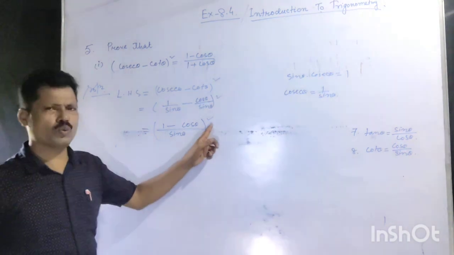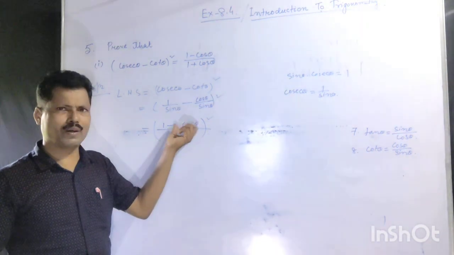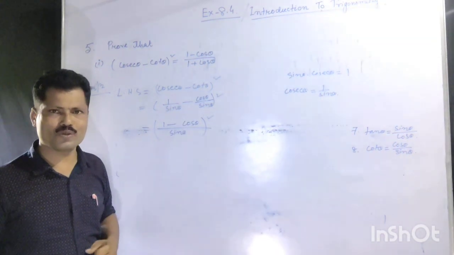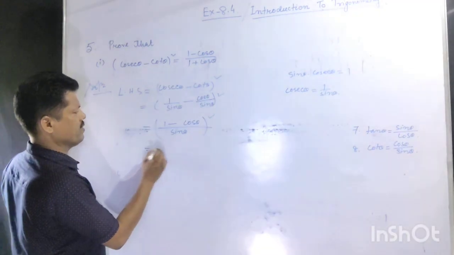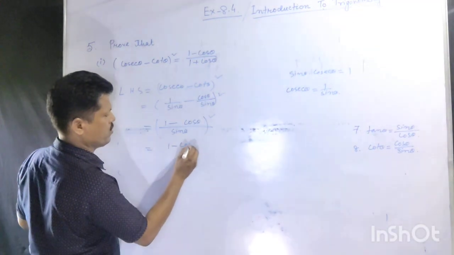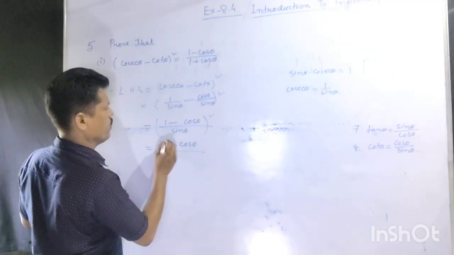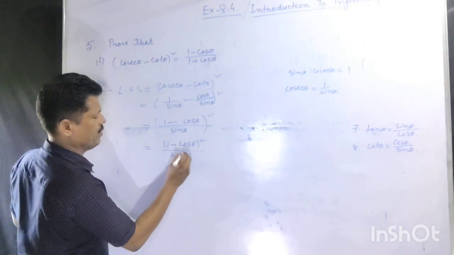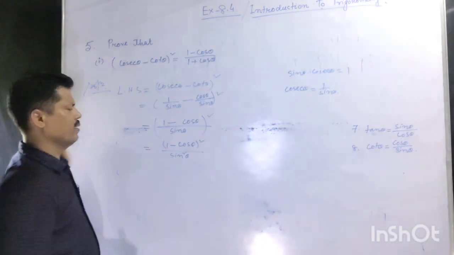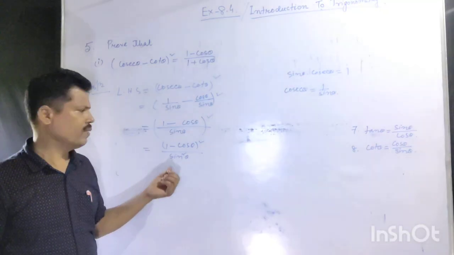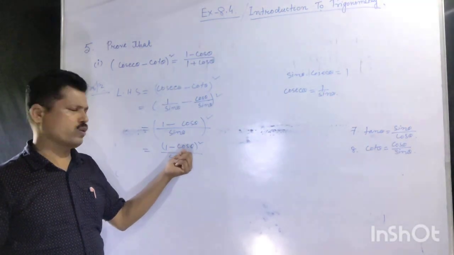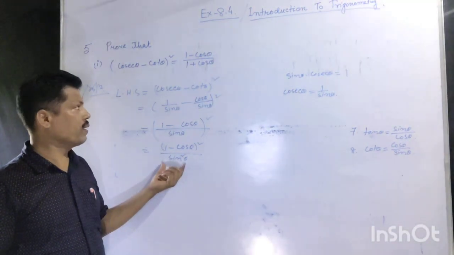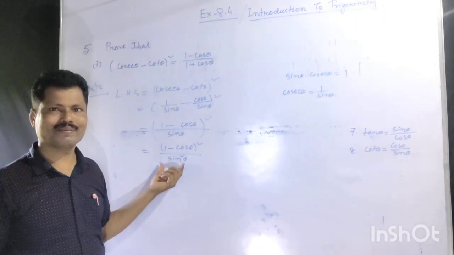Now this square will be in the numerator and also in the denominator. So the numerator is (1 minus cos theta) whole square, and the denominator is sin theta squared, so sin square theta.